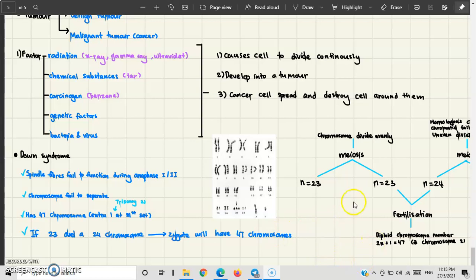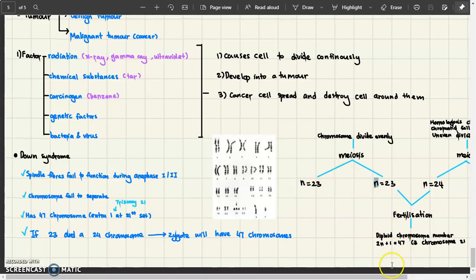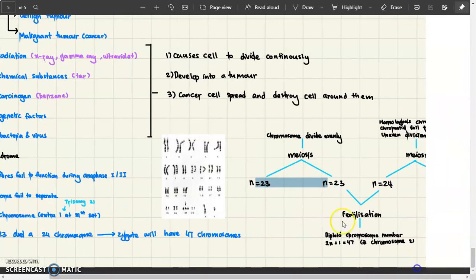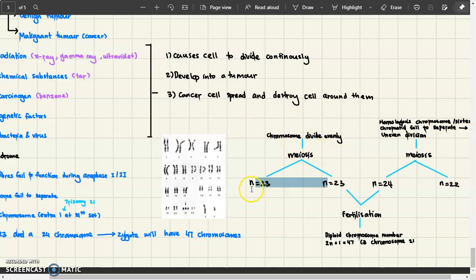Okay. So please understand this diagram. This diagram refers to the formation of trisomy 21. As you can see here, if normal meiosis occurs, it will produce gametes with the normal chromosome number, which is 23. If homologous chromosomes fail to separate during anaphase 1, it will cause the formation of an abnormal gamete, which has 24 chromosomes.